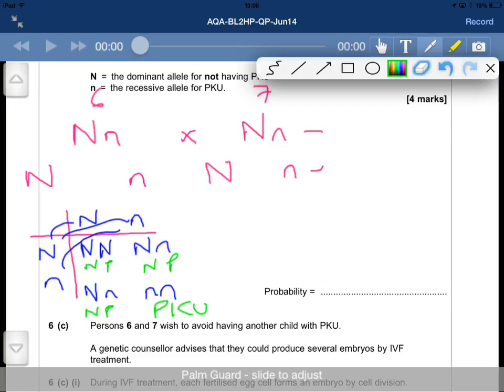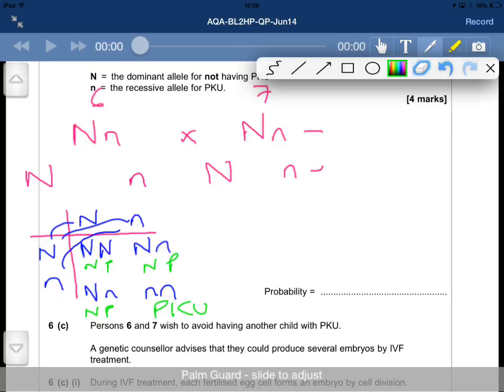Use a genetic diagram to find the probability that the new child will have PKU. Well, using our Punnett square, we can now see that we have got 4 offspring. 3 have no PKU, which is that one, and that one, and that one.